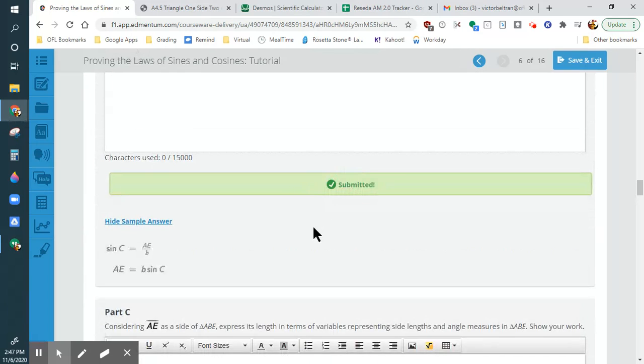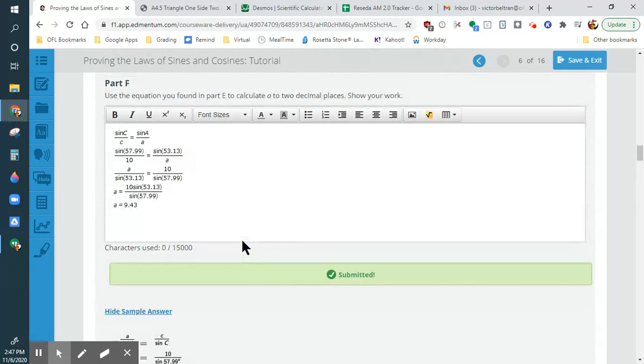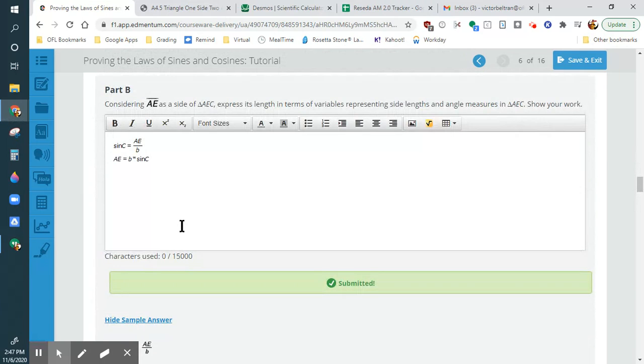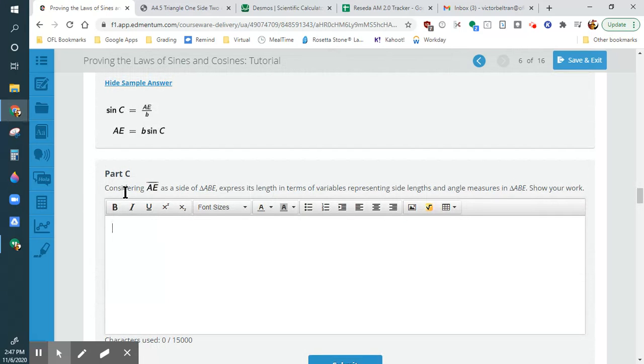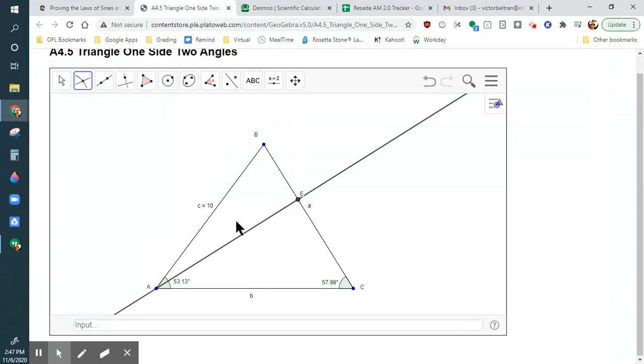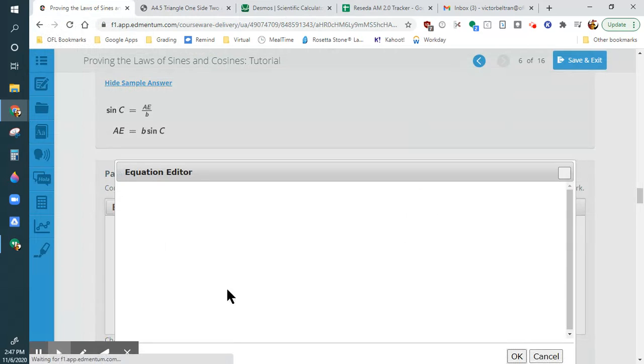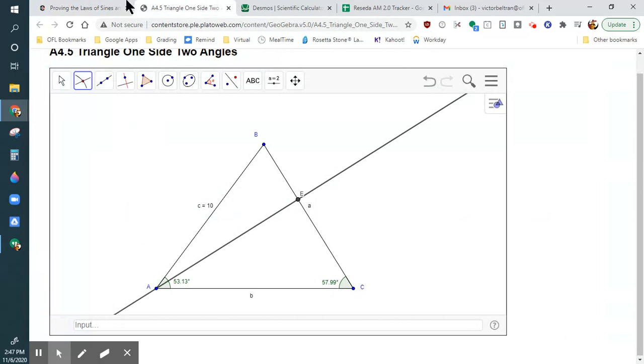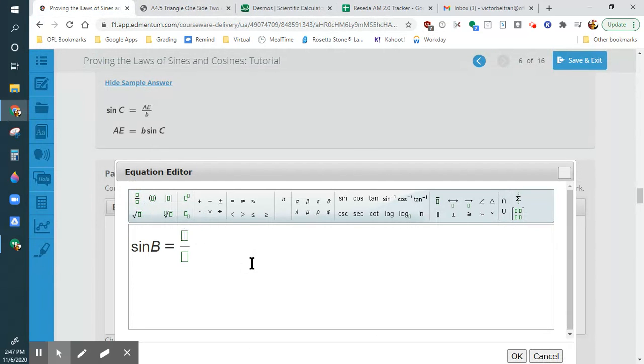Now they're going to want us to do it for the other triangle. I forgot to submit all of these. There we go. I need to do it for the other triangle, considering that EA is part of the other triangle, this triangle over here. We're going to say that sine of B, so do the equation editor, sine of B equals EA over little c.